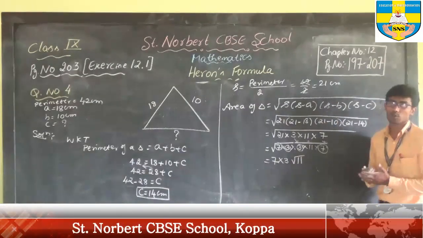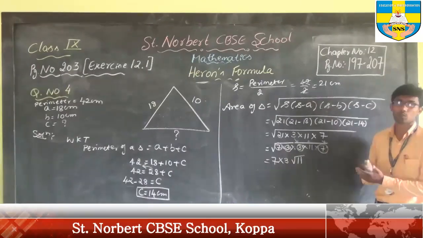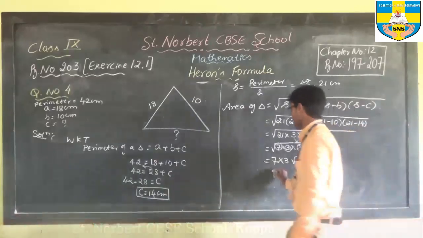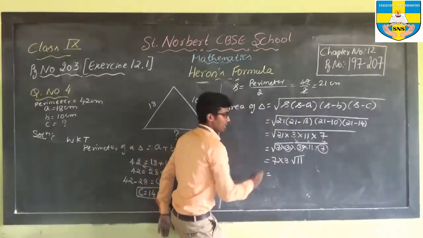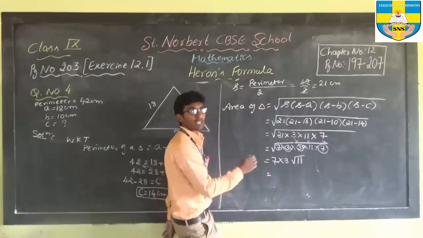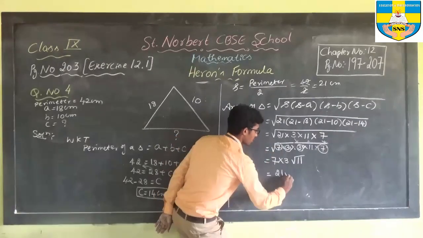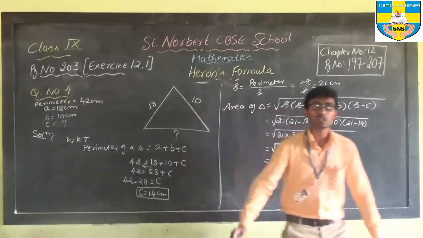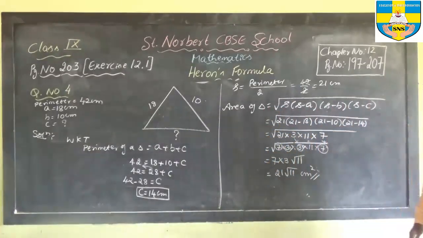You can't neglect the square root of 11 like how we neglected the square root of 1. The square root of 11 is not 1, so you write it as it is. What is 7 into 3? We can multiply a rational number with a rational number, so 21 root 11 centimeter square is the answer for question number 4 of exercise 12.1.